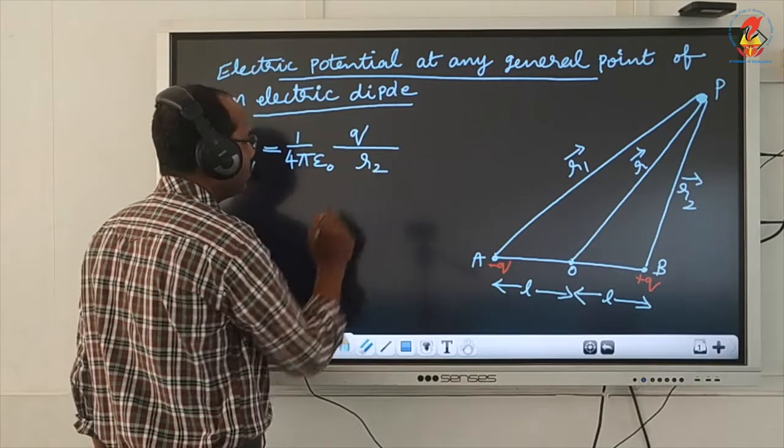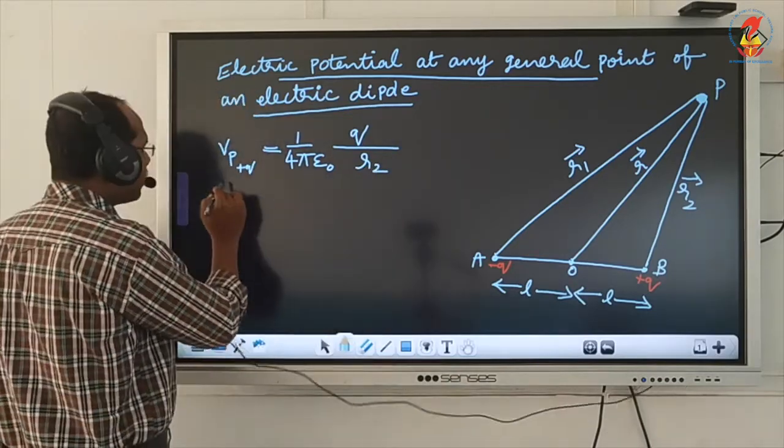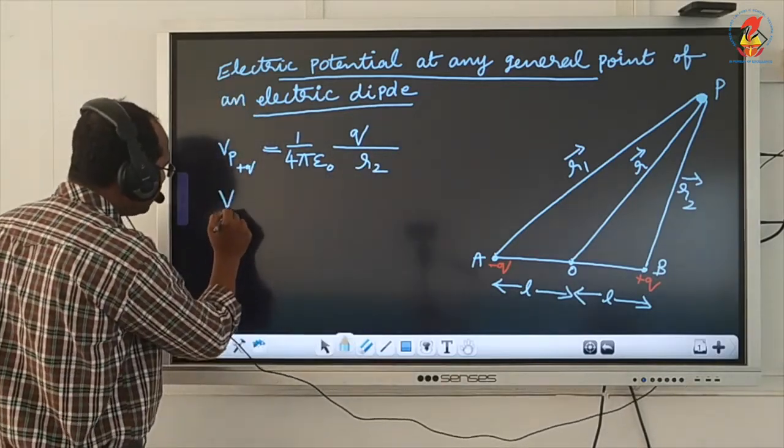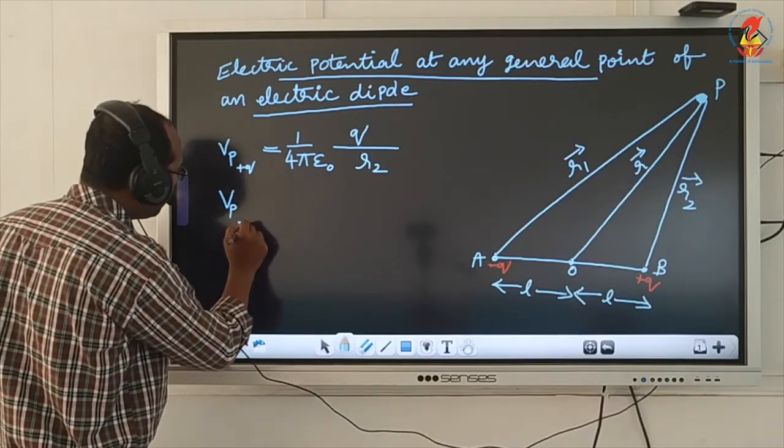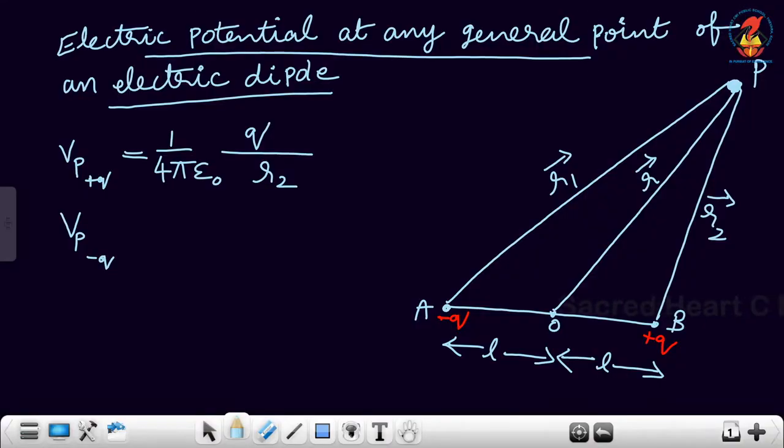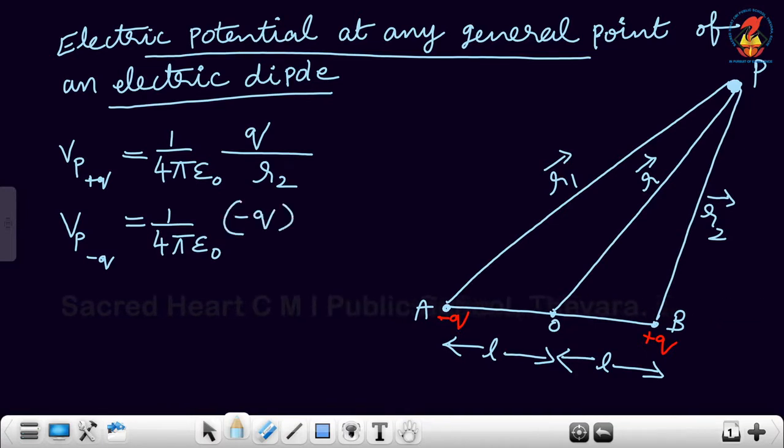So Q by R2. Now we will find the potential at the point P due to minus Q. 1 by 4 pi epsilon 0 minus Q divided by the distance AP. That distance is R1.